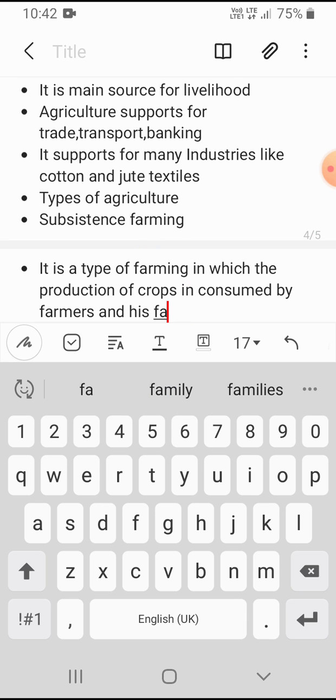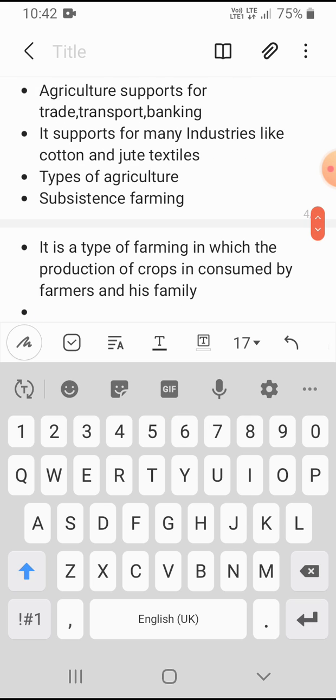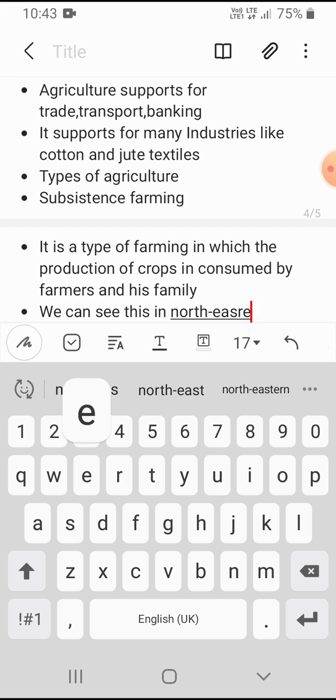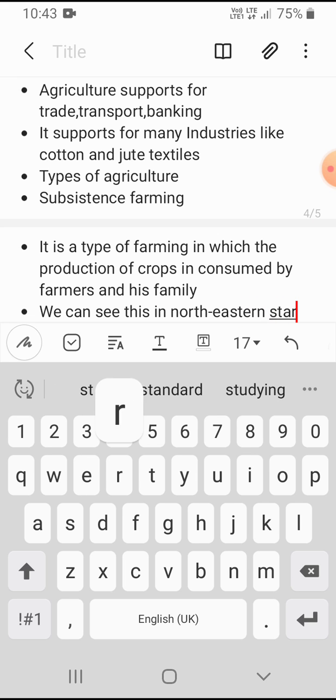And we can see this type of agriculture in the north eastern states as well as Odisha.